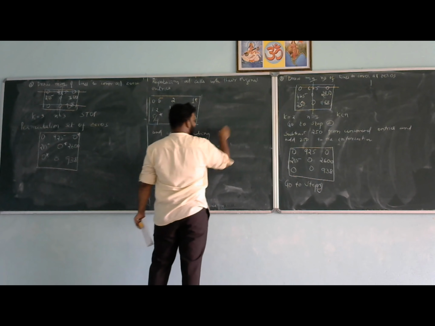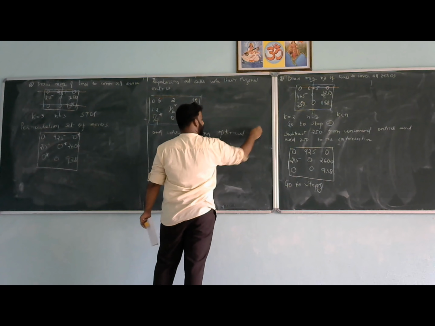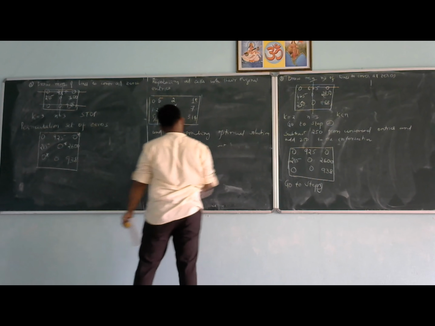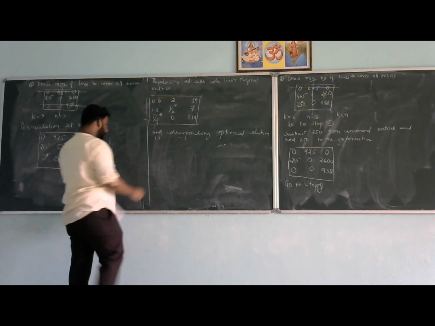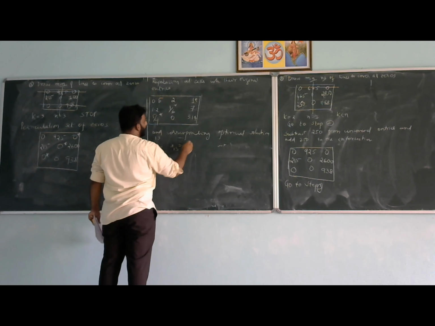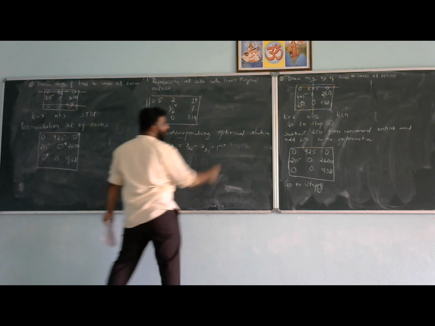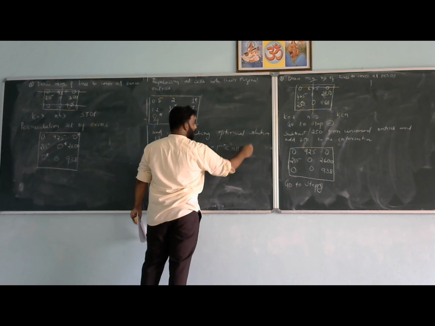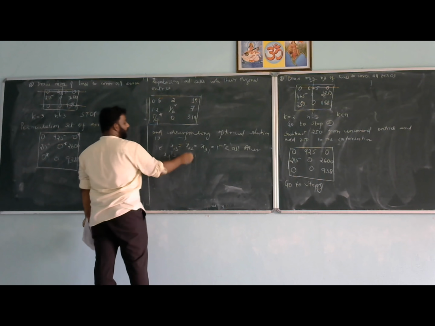The corresponding optimal solution is x13 is equal to x22 is equal to x31 is equal to 1, and all other xij is equal to 0.